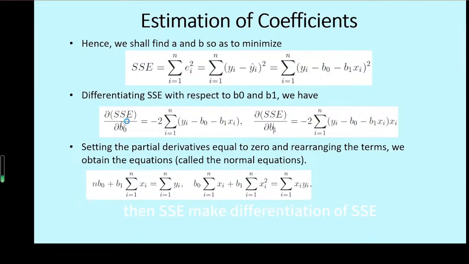Then we differentiate SSE with respect to b0 and b1, because we want to estimate these two parameters. So we make the differentiation, and this is the result. And then we set these two partial derivatives equal to 0 and make some manipulation. Then we can get sigma yi equals this form and sigma xi yi equals this form.